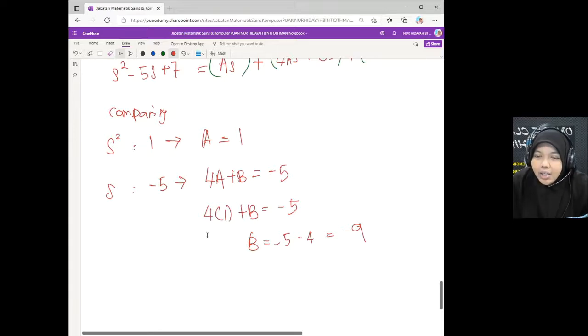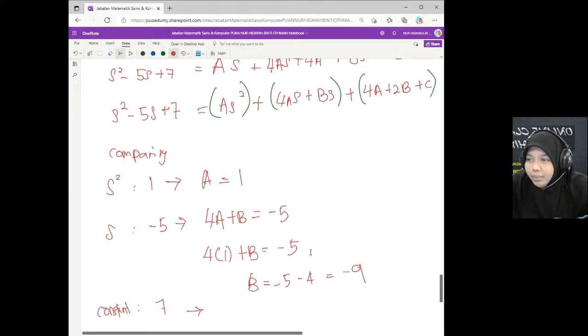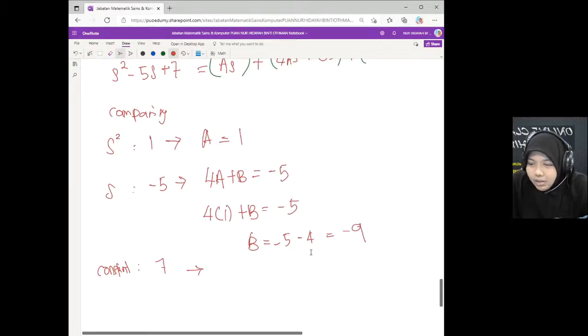So last kali comparing the coefficient of constant lah. Constant. Ni kita namakan constant, iaitu 7. 4a tambah 2b tambah c equals to 7, right?